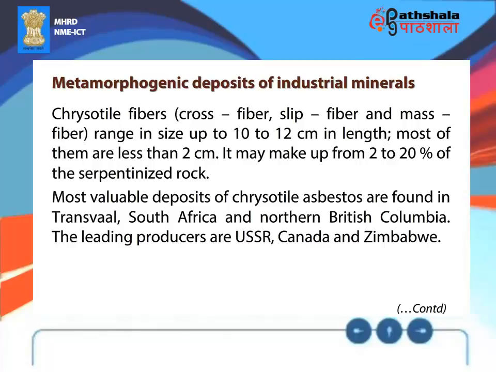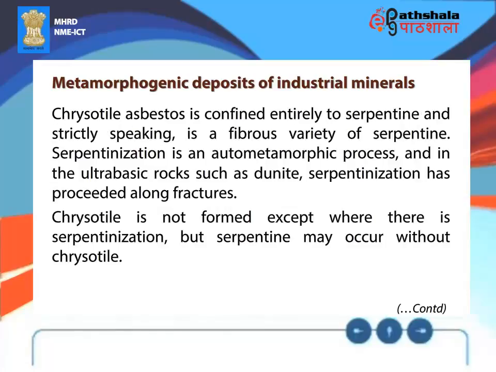Most of them are less than 2 centimeters. It may make up from 2 to 20% of the serpentinized rock. The most valuable deposits of chrysotile asbestos are found in Transvaal, South Africa and northern British Columbia. The leading producers are Russia, Canada and Zimbabwe.